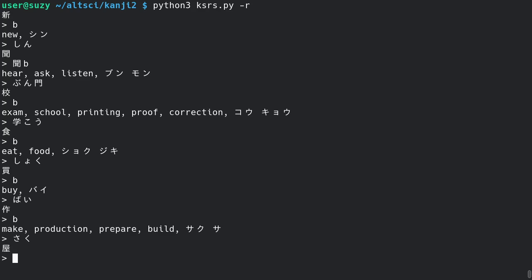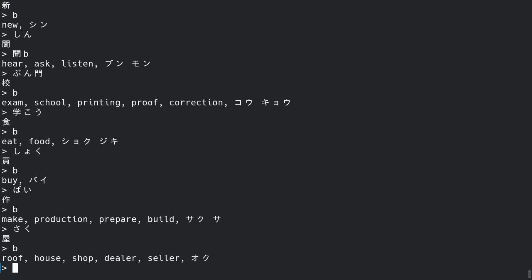And then that's the word from heya, but I forget what the onyomi and kunyomi are. So it's oku is the kunyomi, or sorry, the onyomi.